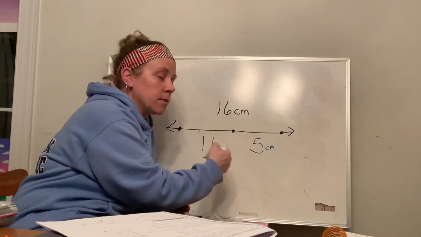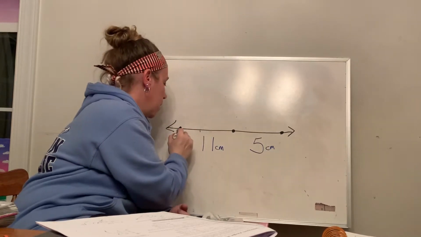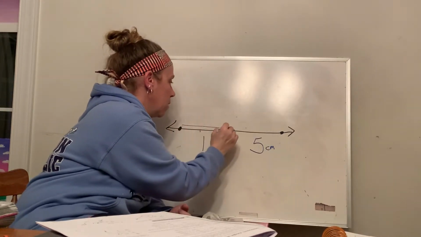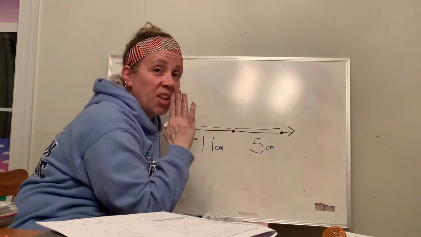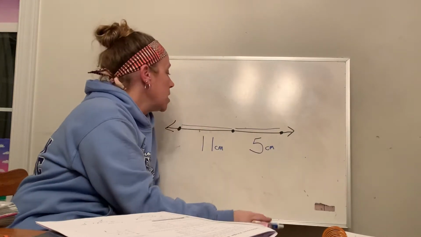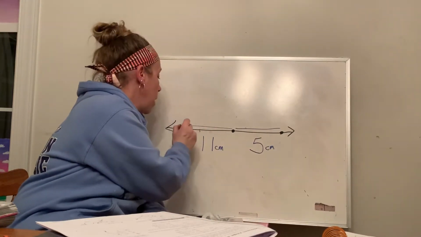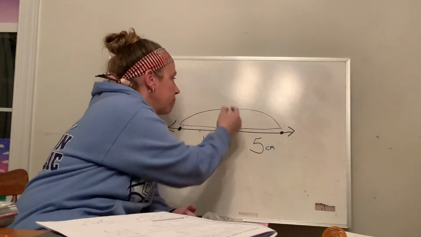You know how to do this. We could also say, if we know that here to here is 11, and here to here is 5, pay no attention to the fact that it's not drawn very well to scale, then what is the whole thing? And you would say 16.